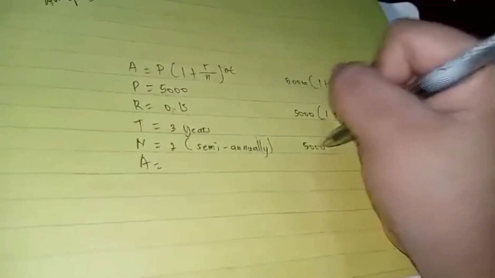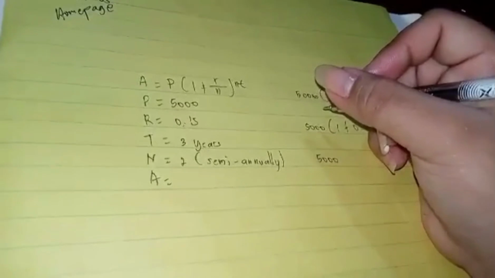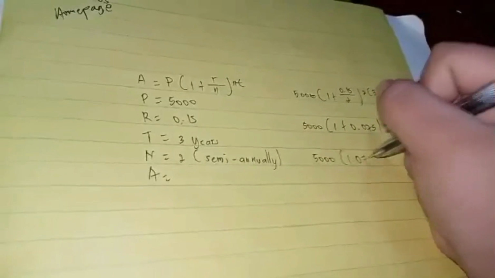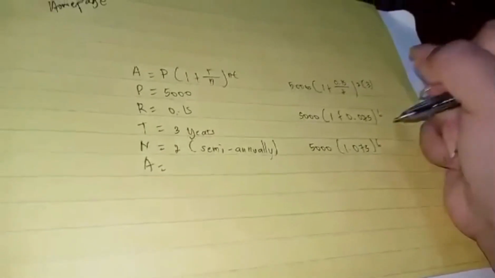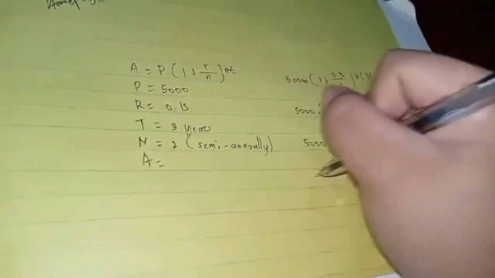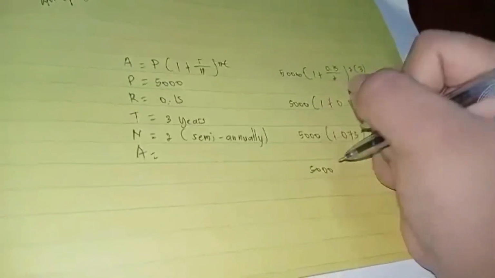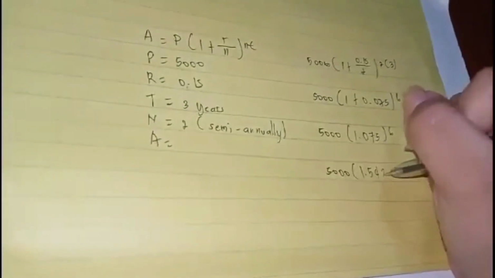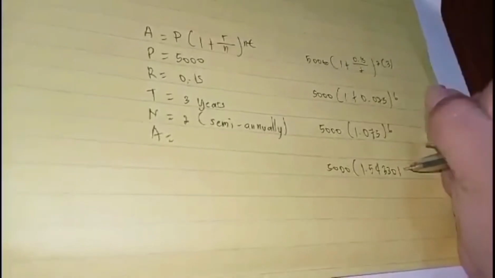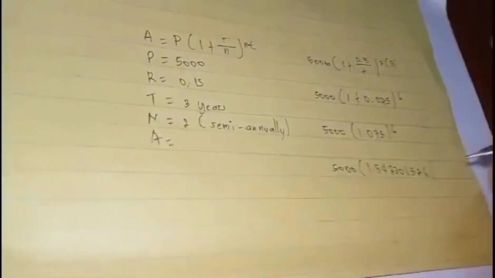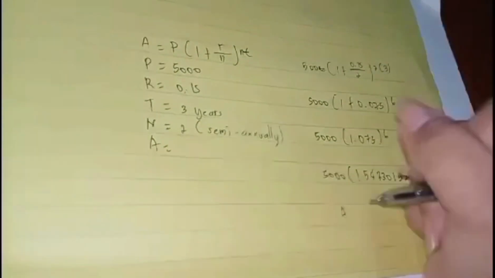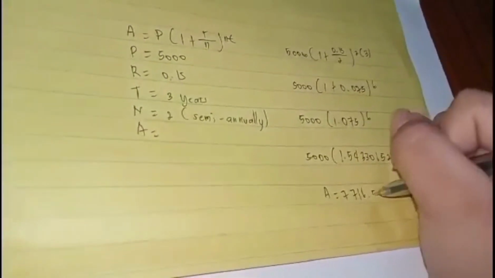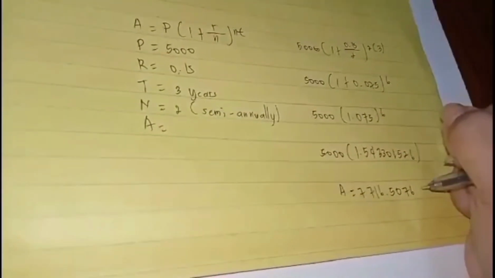Again, 5,000, add the 1 plus 0.075 raised to the power of 6. 5,000 multiplied by 1.543301526, and the total amount is 7,716.507628.